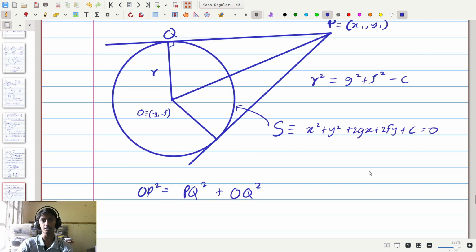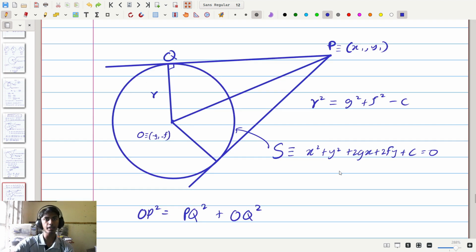We have this identity. Now then, let's try and figure out what each of these values are. Considering OP squared, OP is the length between the points O and P. We know the coordinates of P and we know the coordinates of O. Therefore, we can find the length OP. The length OP is going to be the square root of the x difference squared plus the y difference squared. Therefore, if we take OP squared, it would be the square root of the x difference squared plus y difference squared, whole thing squared, which will get rid of the square root, leaving us with just the x difference squared plus the y difference squared.